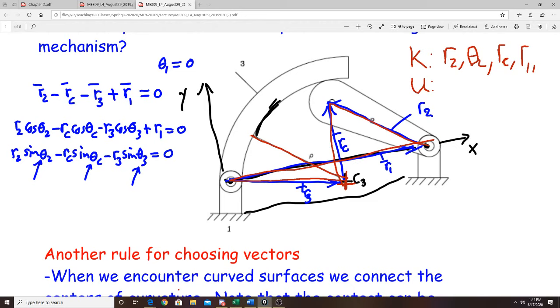One sec, I need to erase some of this stuff because I confused myself here. So if this C3 is here, you have RC. And then if we put this all the way down, I have to draw this out because it's hard telling. Yeah, I think you're right.